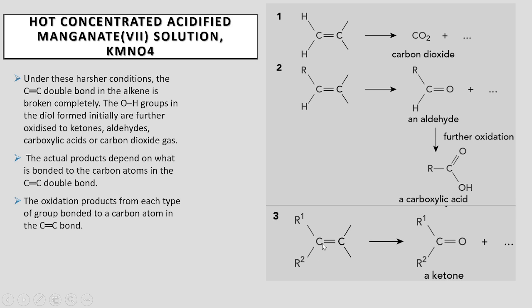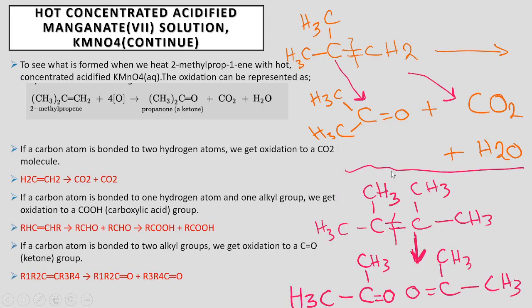If one of the carbons contains two methyl groups or two ethyl groups, whatever the case may be, it will be converted into a ketone. So depending upon the type of alkene, different products will be formed. Here we have hot concentrated acidified permanganate solution, KMnO4. You can see here ethene converted to carbon dioxide.